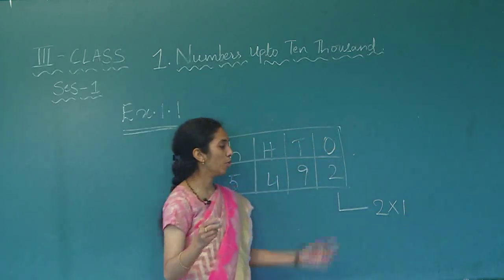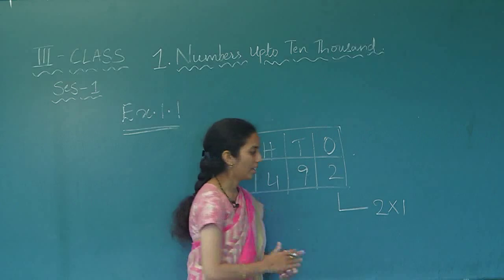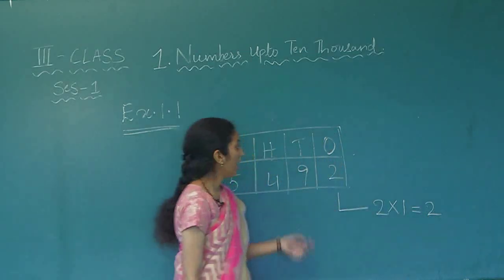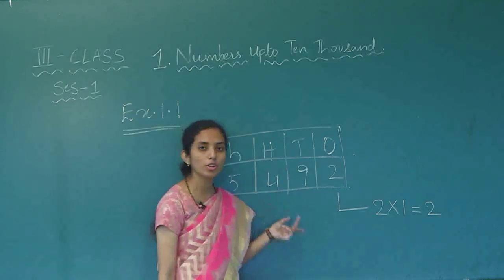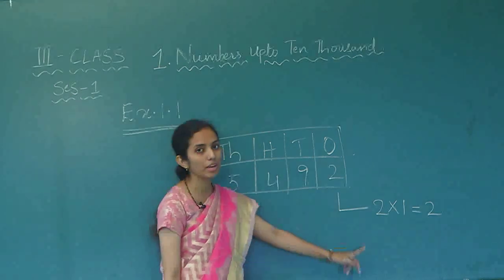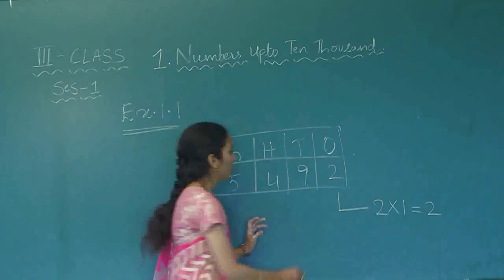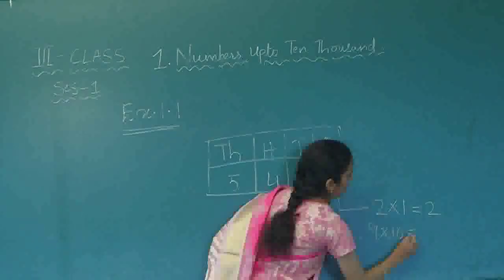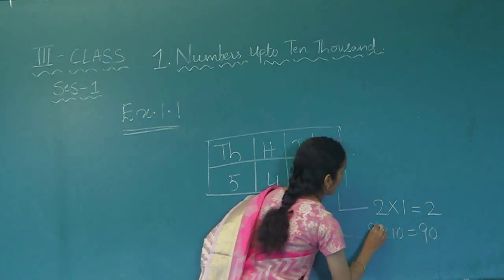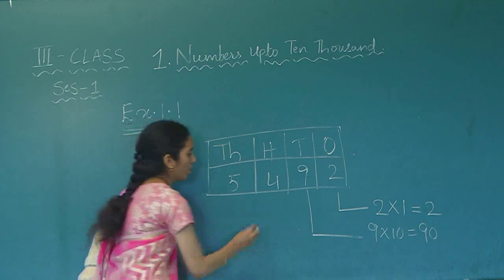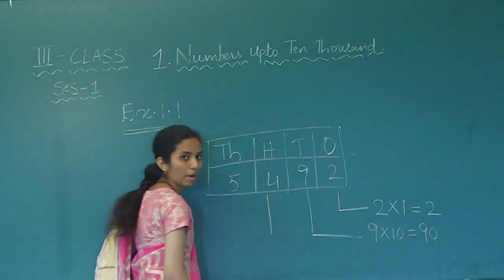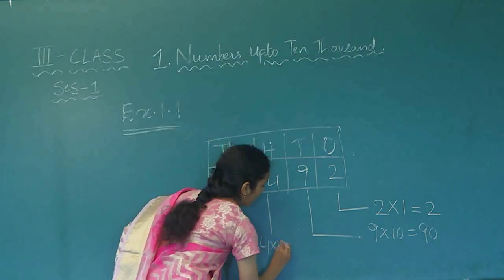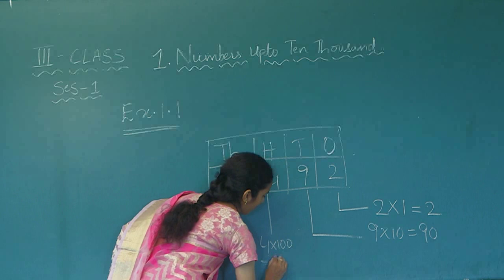Ones place means you multiply the number with 1. That is 2 into 1. What is the result? 2 only. If the number is in tens place, what do you have to do? You have to multiply with 10 to get the value. So, what is it? 9 into 10, that means 90. And in hundreds place, to know the value, what will you do? You will multiply it with 100. 4 into 100, that is 400.